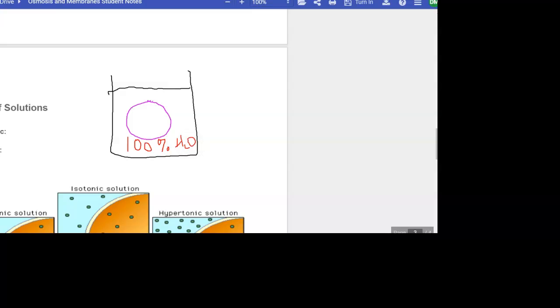Now I'm going to give you a number here that is an actual number that anybody who works in the health field needs to know, and that is that the cells of our body normally have just less than 1% solutes. So that would be a 0.9, just less than 1% solutes inside the cell. Do a little math and figure out how much water is in the cell.